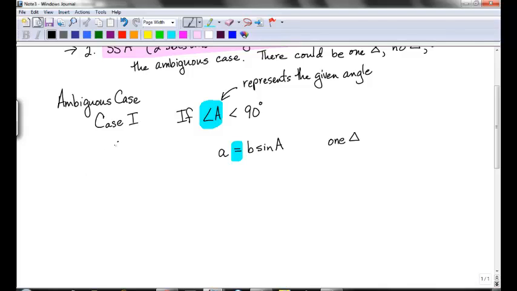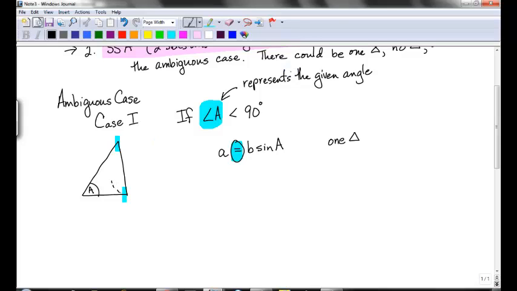Now, here's what the picture looks like. The angle that they give you is less than 90 degrees. Okay, if that ends up to be an equal sign, it would be where this side would just touch. And if I had, like if I had a compass I would put the point here. Okay, I'd put the point right here, and then it would just touch here.